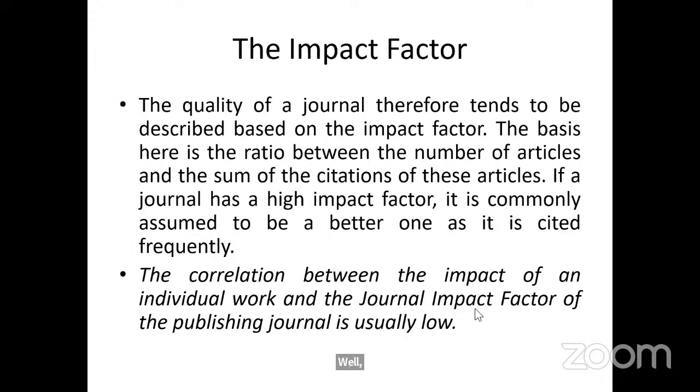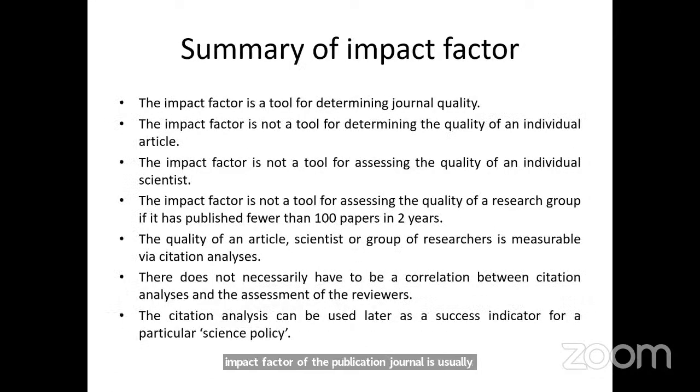Now, the correlation between the impact of an individual work and the journal impact factor of the publishing journal is usually very, very low. The impact factor is a tool for determining journal quality, of course. If your library has limited funds, it helps you decide how many journals to order; the impact factor serves as a parameter that these are good quality journals.